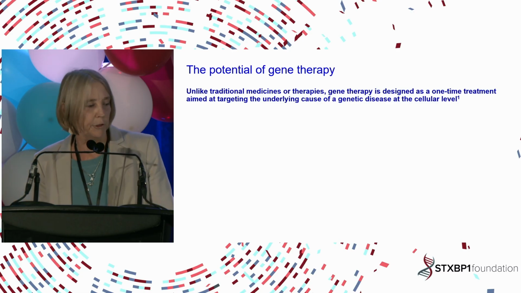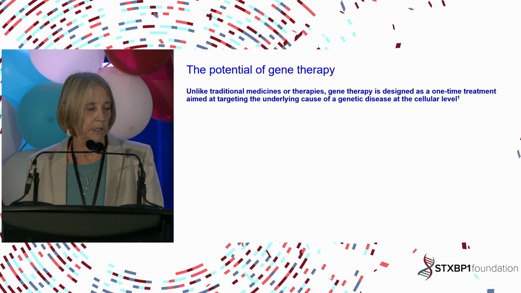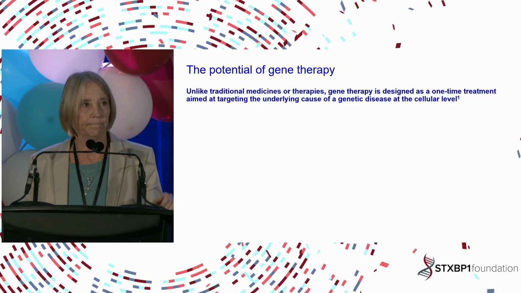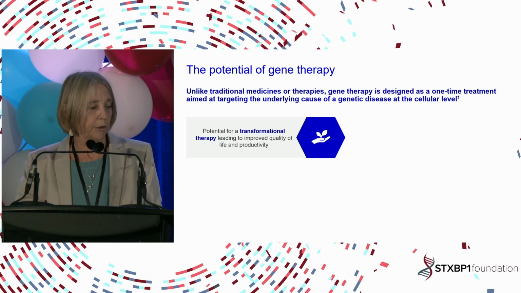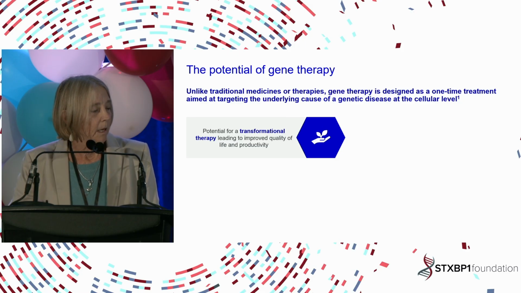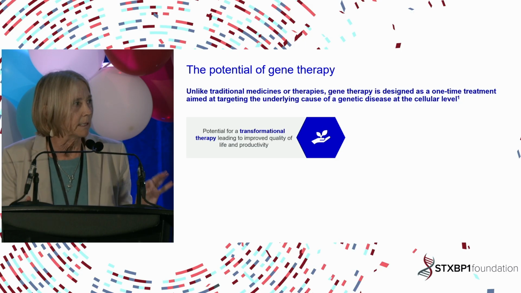The potential of gene therapy is unlike any other traditional medicine, because it's designed by its nature as a one-time treatment. And it's aimed at targeting the underlying cause of a genetic disease at the very cellular level. It has a potential for a transformative therapy, leading to an improved quality of life. Notice I'm not saying cure.